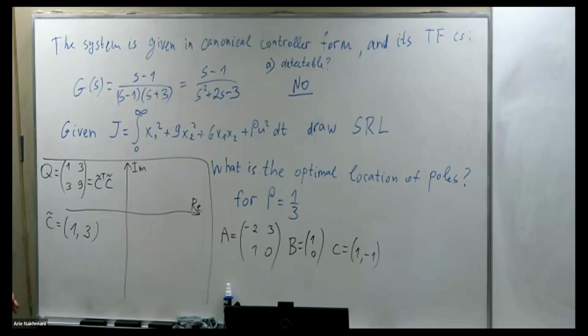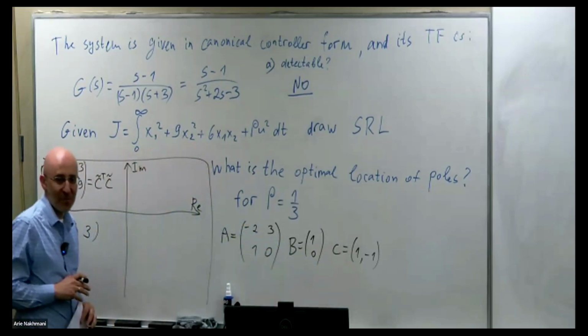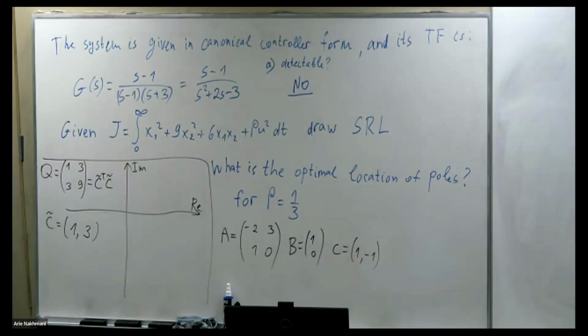Right? It's not affecting anything in controller design at all. So here is the trick. What will be the transfer function if this would be your C here instead of that C? What does it change?